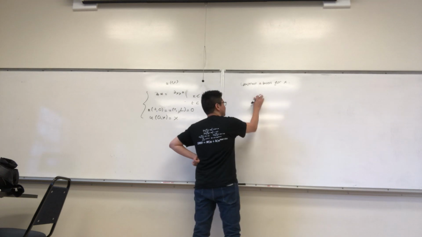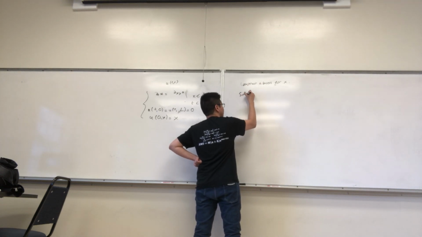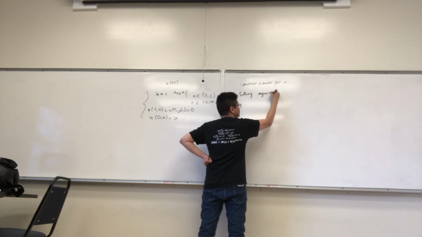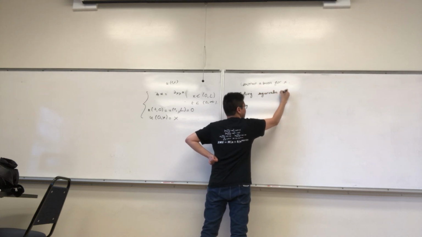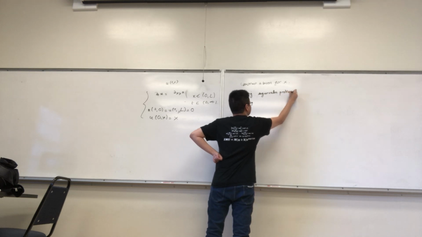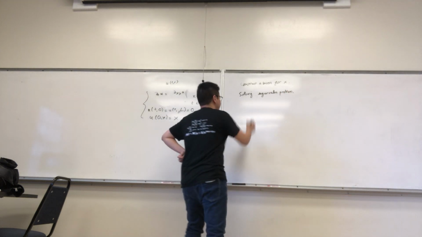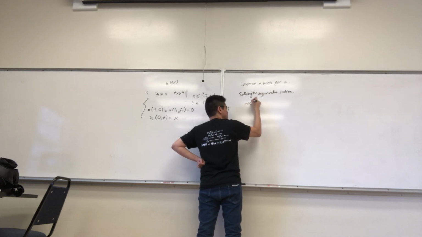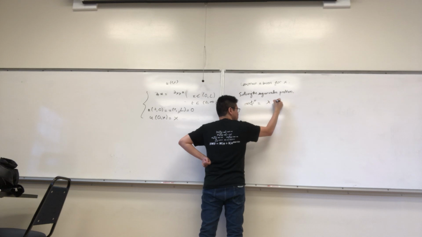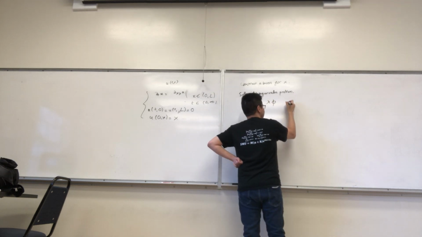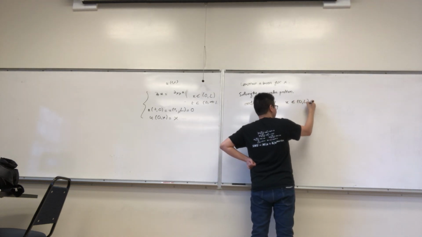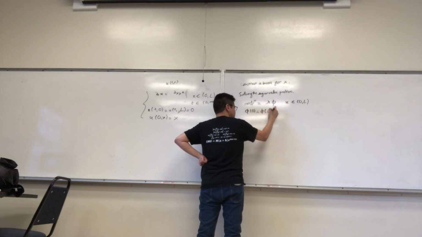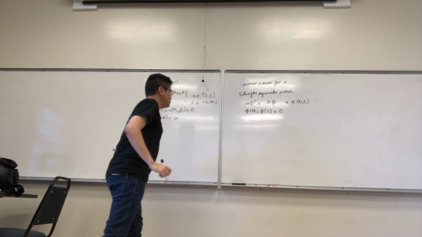The basis for x can be computed by solving the Sturm-Liouville eigenvalue problem: phi'' = lambda phi, x going from 0 to L, and we employ the same boundary conditions, equal to 0.